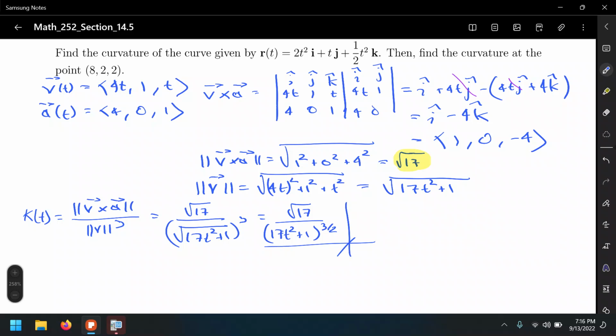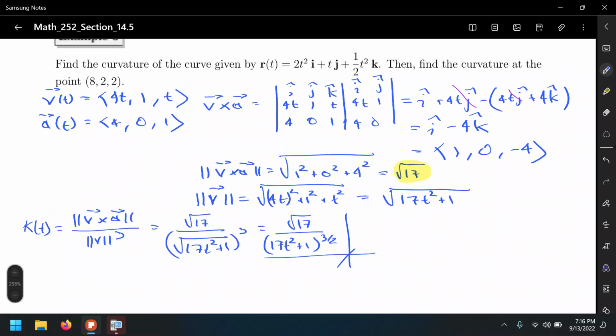Now they're asking us for the curvature at a particular point, but wait a minute. The input for this curvature function is values of t. We're given an ordered triple. What do we need to know before we can find that curvature? Any ideas?